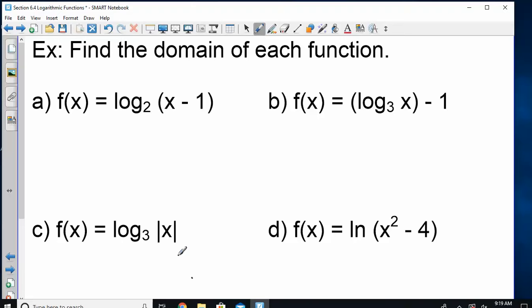If you like a more algebraic approach, when you have a log, we've talked about both the base and the argument having to be positive numbers. So this x minus 1 has to be greater than 0. That means x is greater than 1. So my domain, how do we write that in an interval? 1 to infinity.